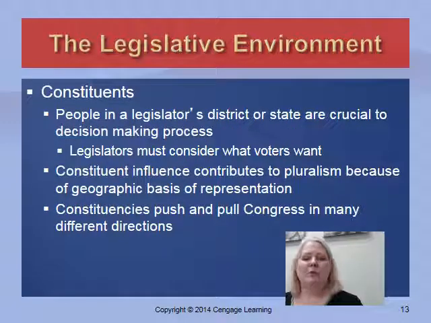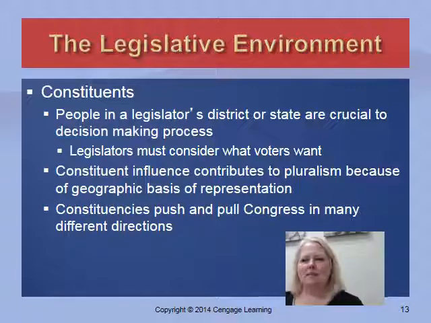And constituents are important too, because people in a legislator's district let their legislator know what they want. And they influence the contribution of pluralism because of the geographic basis of representation. Constituents push and pull Congress in many different directions.